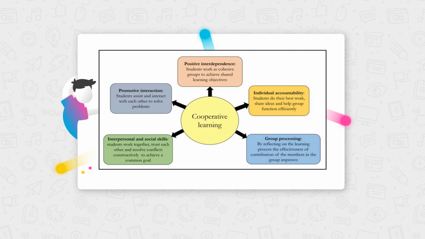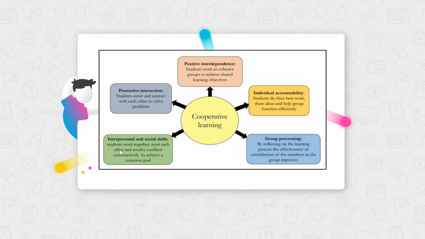Group processing. By group processing, we mean reflecting on the learning process, the effectiveness of contribution of the members in the group, which improves the work. Promotive interaction. There is an interaction between the learners. Students assist and interact with each other to solve problems. Not only one or two, but all the members need to interact in order to solve that problem and achieve the main goal they are aiming at.